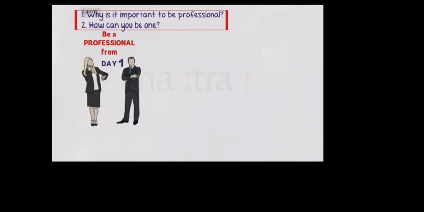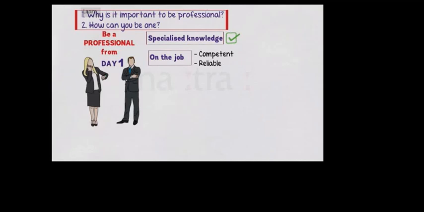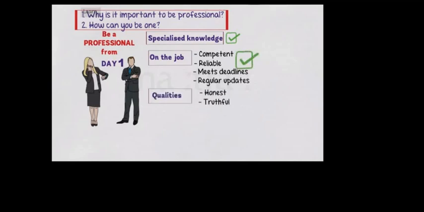Who is a professional? Someone with specialized knowledge? Yes. A person who is competent and reliable, ensures deadlines are met, and will update if they cannot be done. A professional is honest and truthful. The person builds a reputation with these qualities and can be trusted at all times.